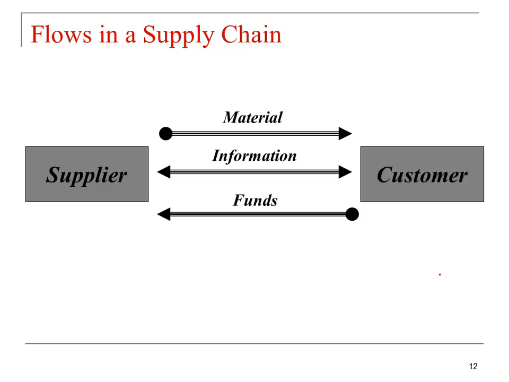So the flow in supply chains includes material, information and funds, which is basically the money between the supplier and the customer. And as you can see, that arrow in the middle, that information goes both ways. So you need some information from the customer in order to see what you're going to manufacture. A supplier needs to know about the customer interest in order to deliver the product that the customer needs.